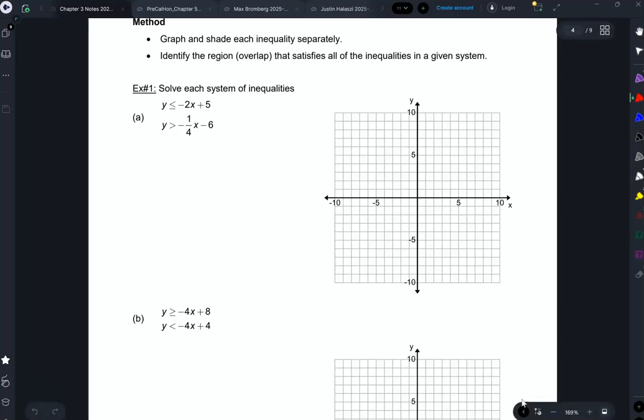So here, this one is y is less than or equal to negative 2x plus 5. So plus 5, and then I go down 2 over 1. Now that's going to be not a dotted line, but a solid line.